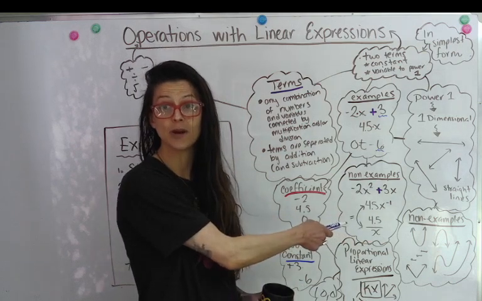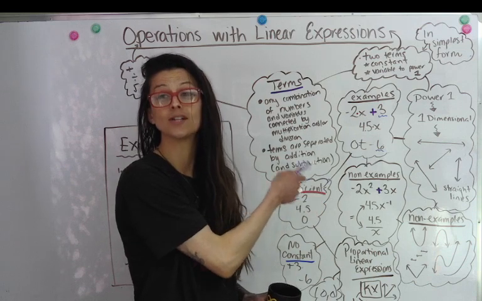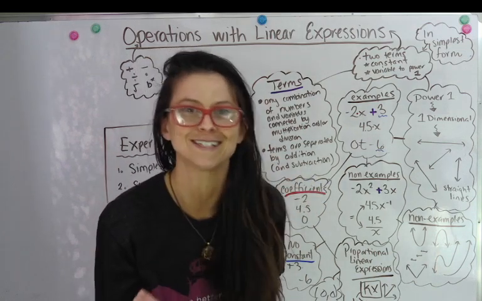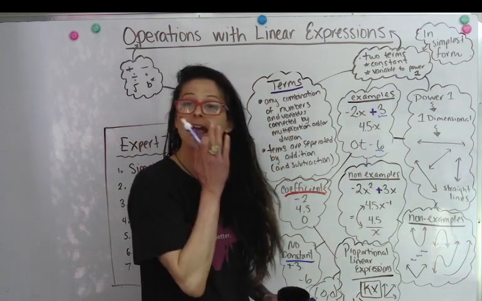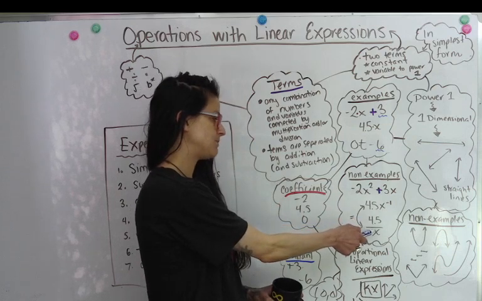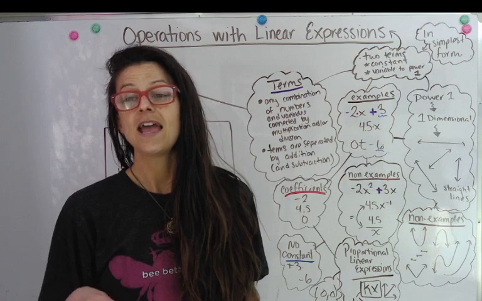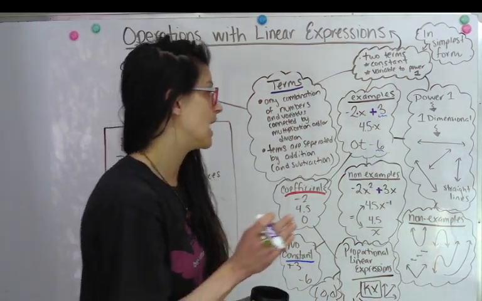These are algebraic expressions. Negative 2x squared plus 3x is a quadratic expression, and you'll learn about that in the future, or if you're curious now, you can check it out now. But this is also not a linear expression because there's an inverse symbol here, meaning that the x is in the denominator, and when the x is in the denominator, it doesn't form a straight line.